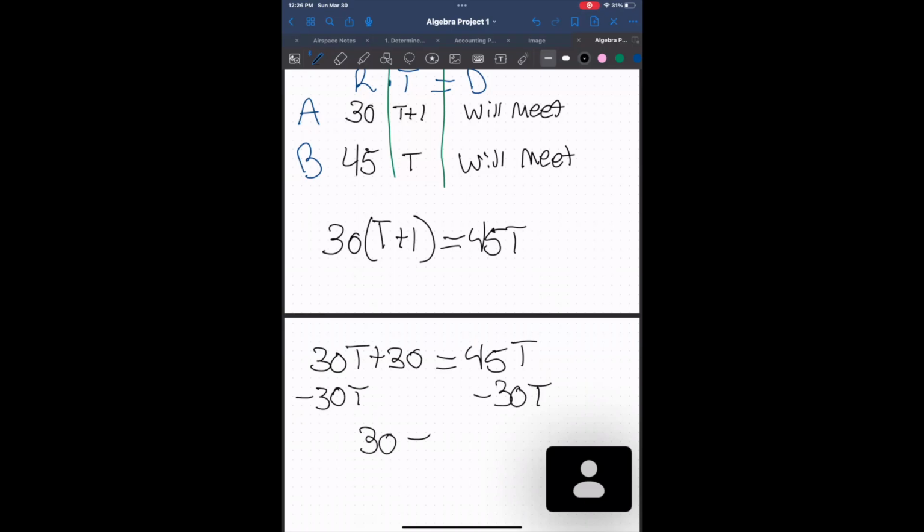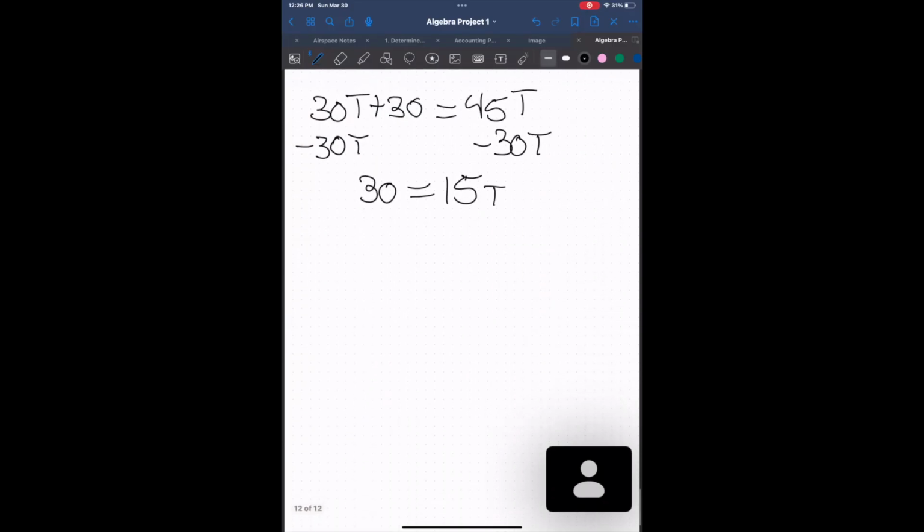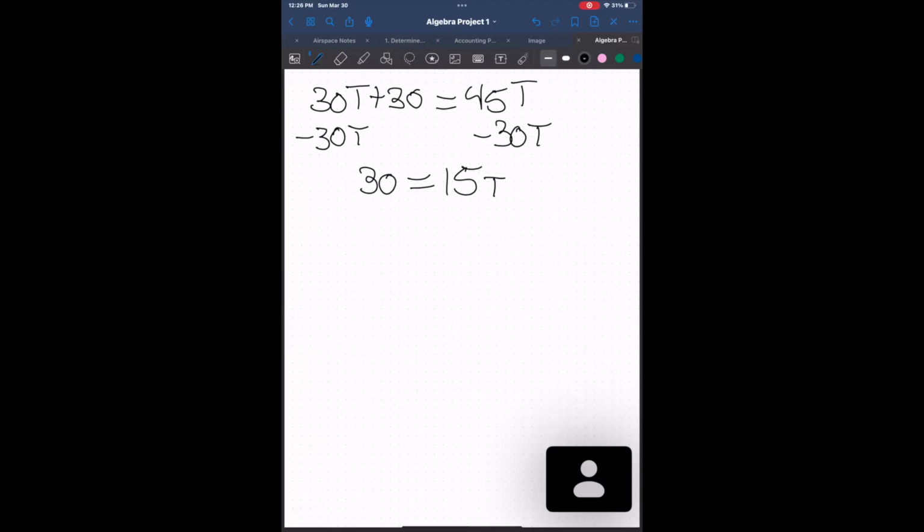So 30 equals 15t. We're going to divide both our sides by 15 to isolate t. t is equal to 2.